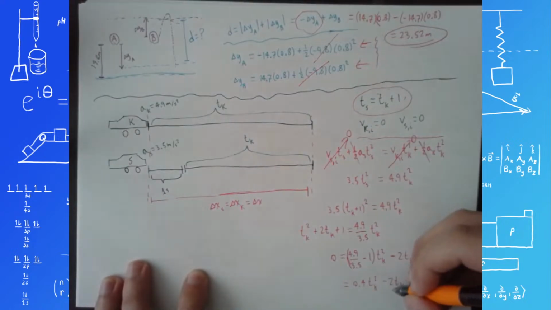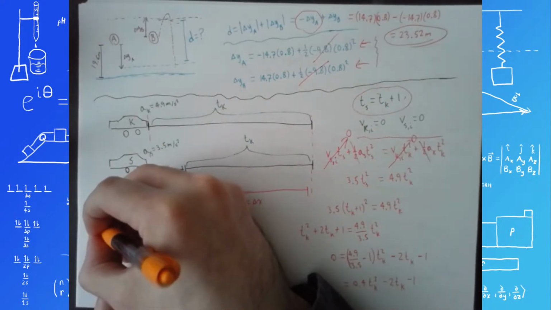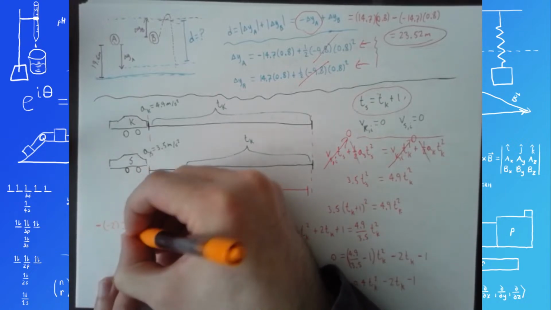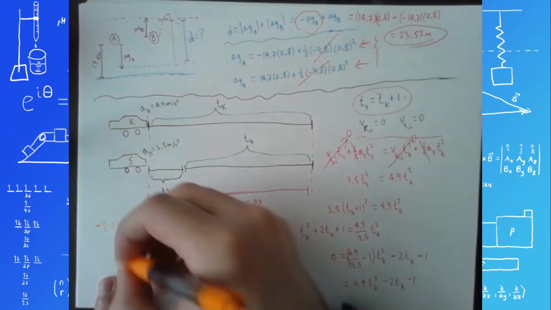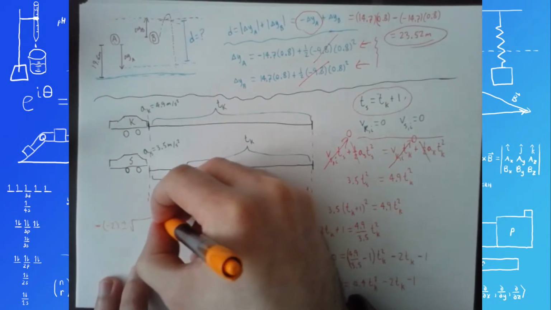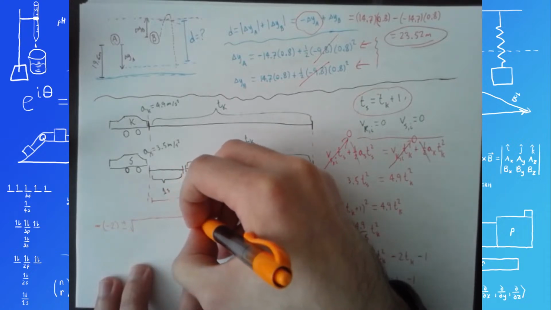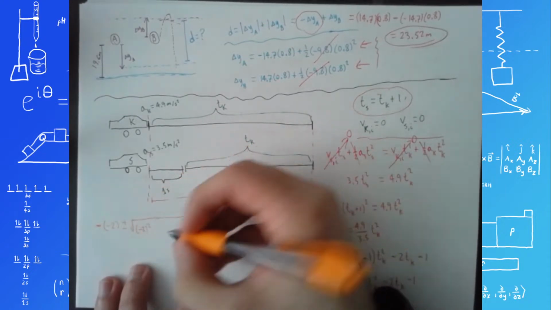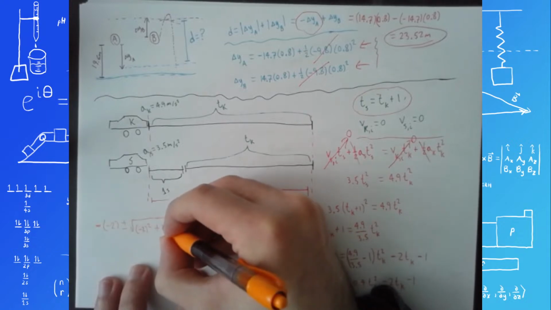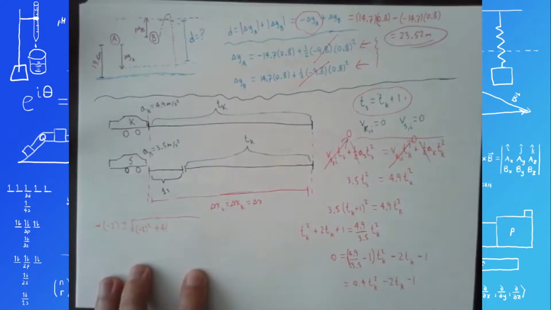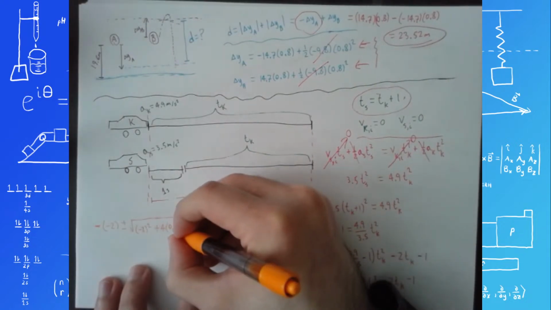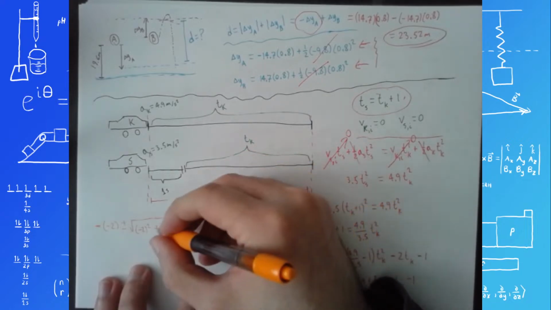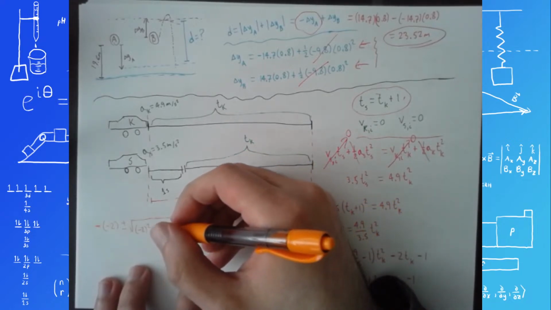So, negative of negative 2 plus or minus the square root of negative 2 squared plus 4 times a is going to be 0.4. Wait, no, not plus, minus.